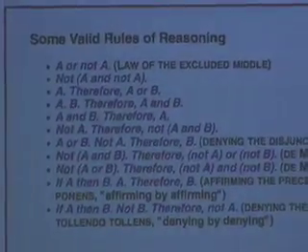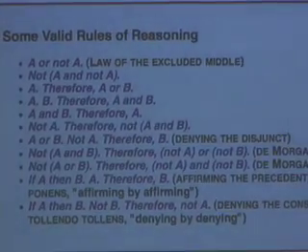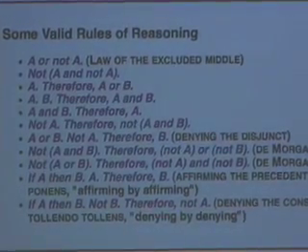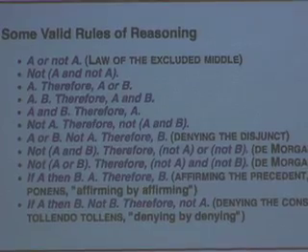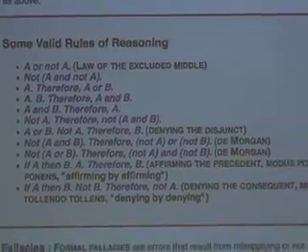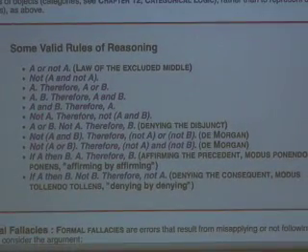Before I cut myself off last time, we were talking about valid rules of reasoning and going on to some invalid rules of reasoning, fallacious rules, formal fallacies. So these are just basic rules of logic that apply across all domains. And we're studying them now partly because people often commit fallacies in the course of trying to make a statistical argument or a quantitative argument or any kind of argument whatsoever.